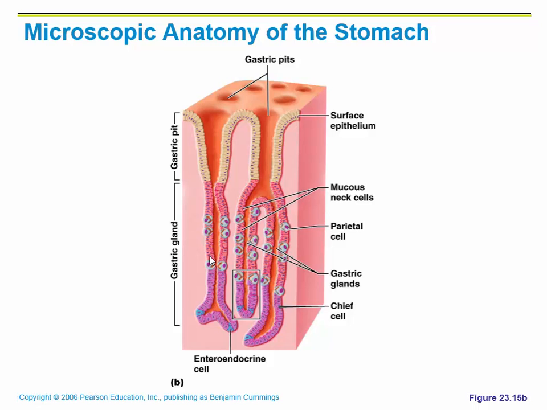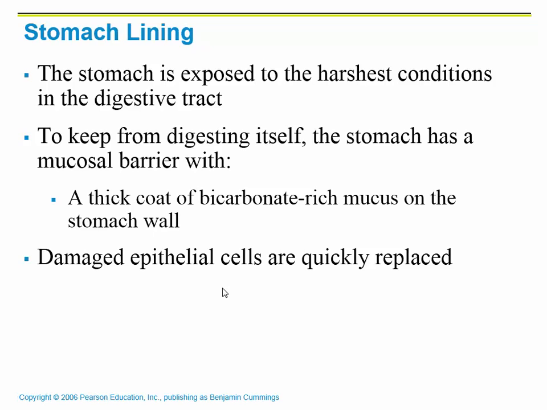The microscopic anatomy of the stomach, it has all kinds of things going on, but you've got these cells, chief cells, parietal cells that are involved in allowing for the digestive enzymes to be released. The stomach lining, because the stomach is in hydrochloric acid, has about a pH of 2. It's very acidic, and in order for your stomach not to digest itself with the acids, it has a really, really, really thick coat of bicarbonate-rich mucus.